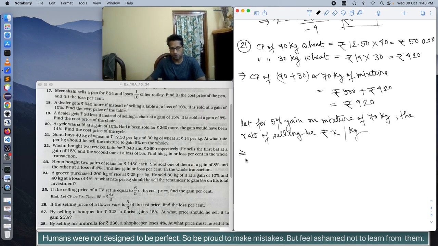So this implies that SP, selling price of 70 kg of mixture, will be equal to, since we have assumed that the rate at which the mixture of 70 kg wheat is sold is rupees X per kg, the selling price of the total 70 kg of the mixture will be rupees 70x.